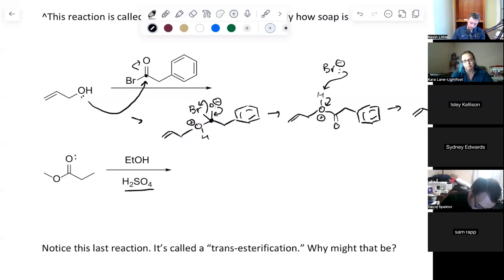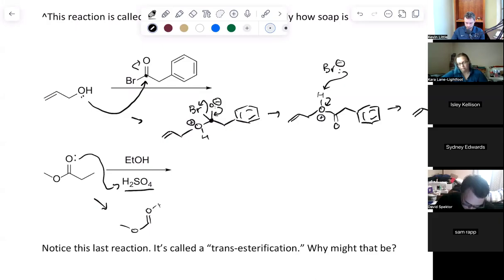So actually, technically it does this. Then the nucleophile adds into the electrophile.